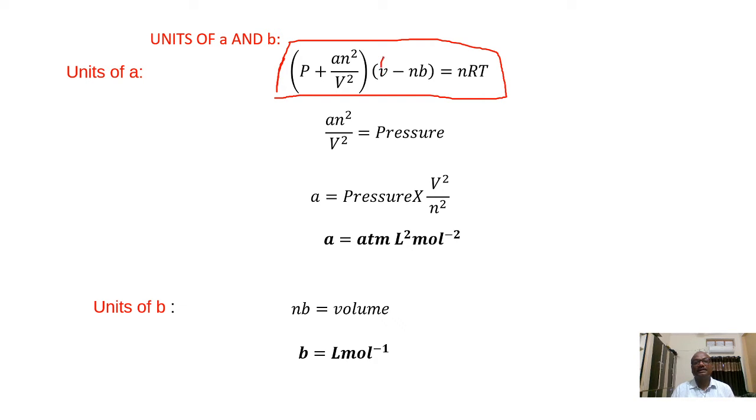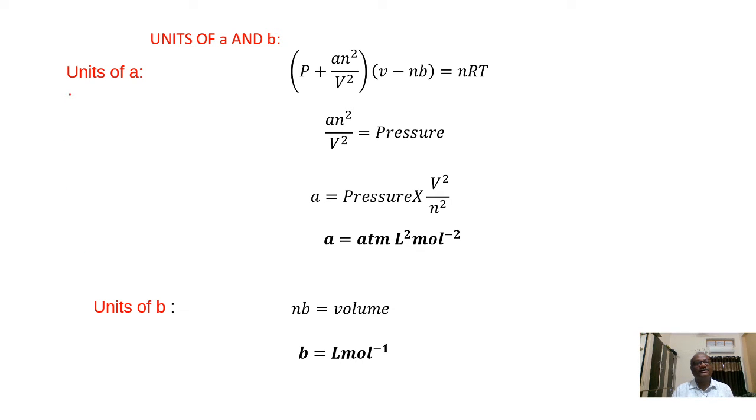You know that P and V are the pressure and volume of the gas, n is the number of moles, and a and b are called van der Waals constants. Now we provide the units of van der Waals constants.